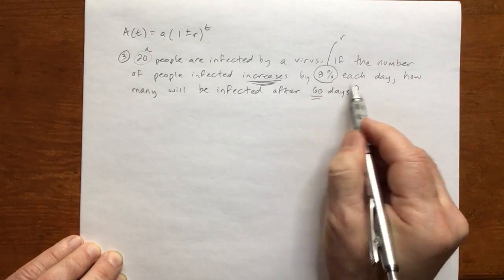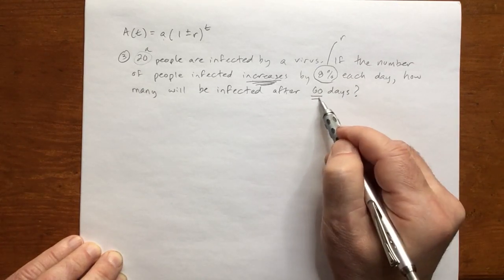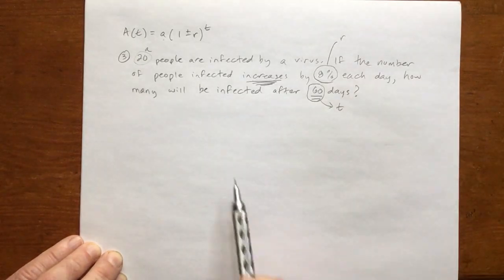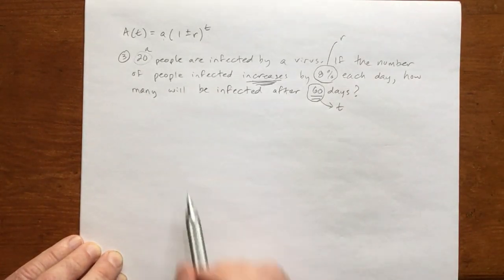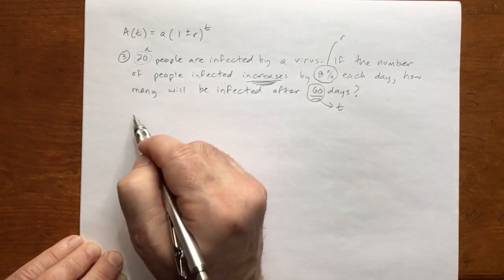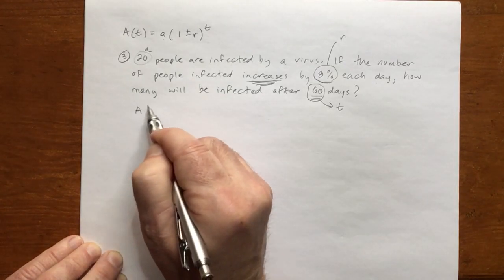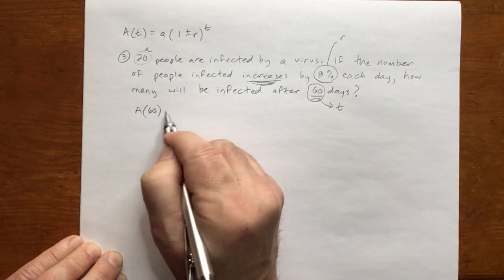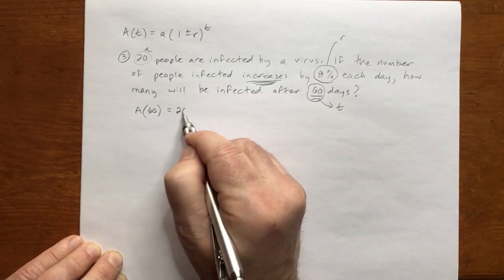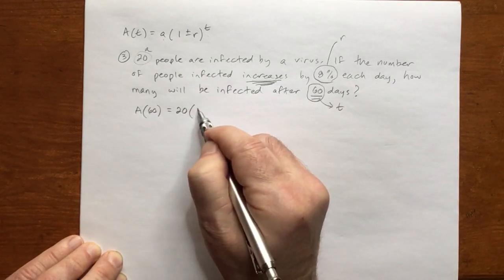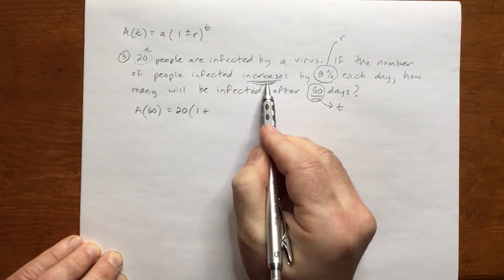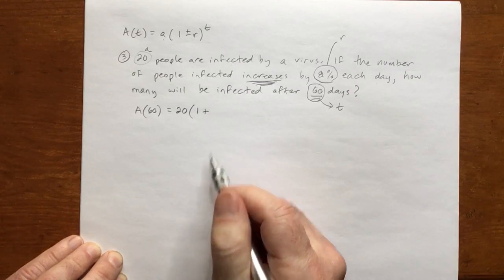We're increasing each day, and there are 60 days, and so this must be the number of times we're going to apply this multiplier. And so the amount infected after 60 days will be the initial amount, 20, and then 100%, in this case plus, because we're increasing, so we're adding 8% each day.